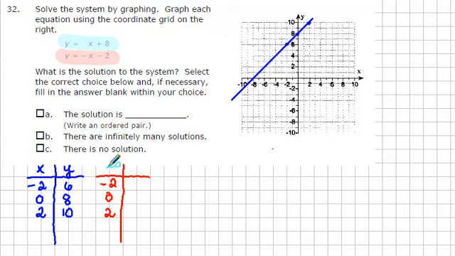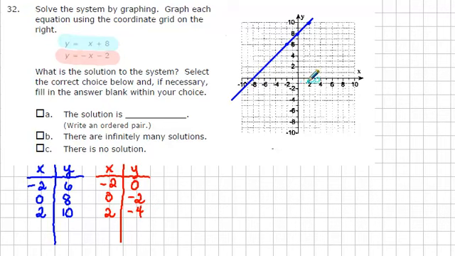We first of all get the opposite of -2 is 2, and 2 minus 2 is 0. When we let x be 0, we get the opposite of 0, which is 0 minus 2, which is -2. And when x is equal to 2, we get the opposite of 2, which is -2 minus 2, and the result is -4.